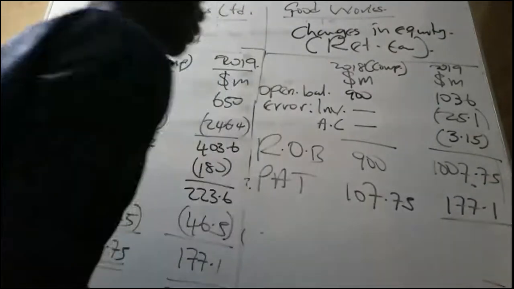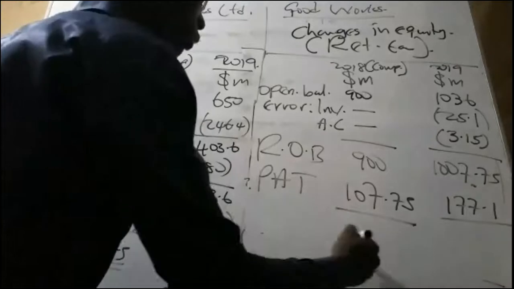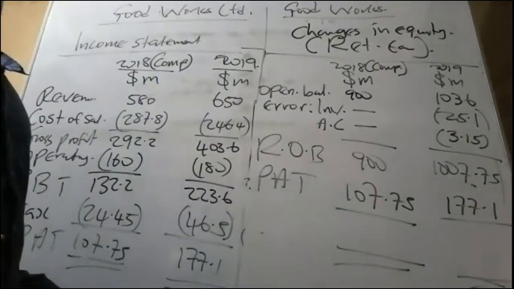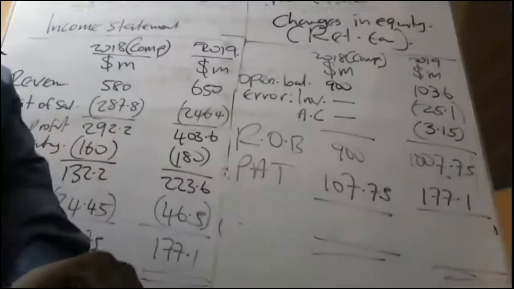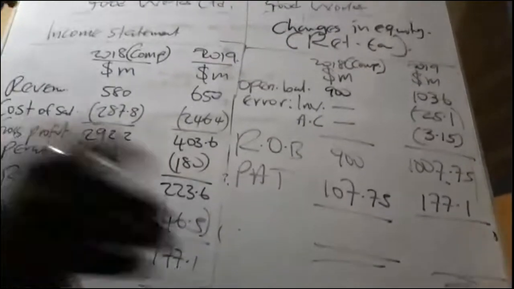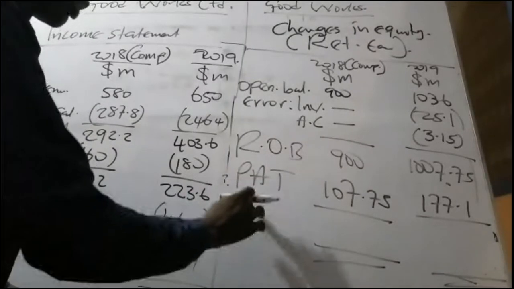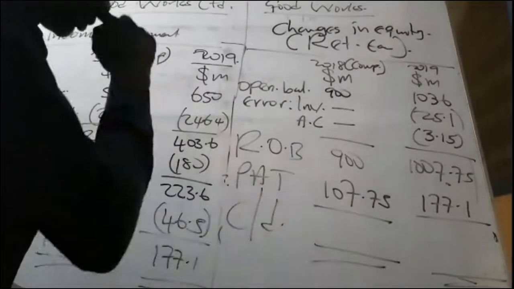Put them together. So this becomes the closing balance, or let's call it balance carried down.